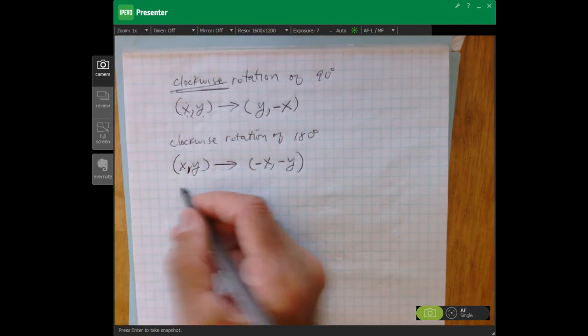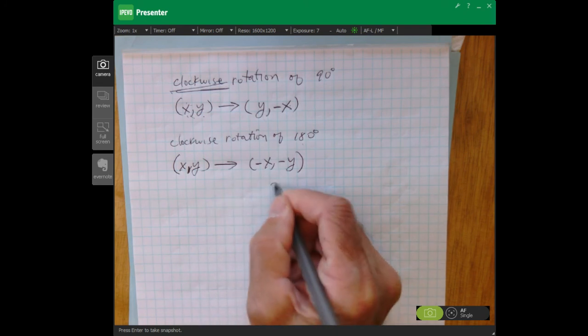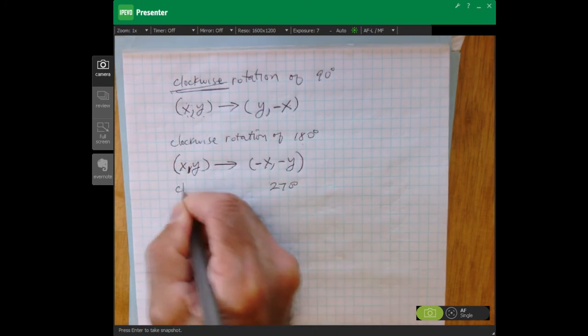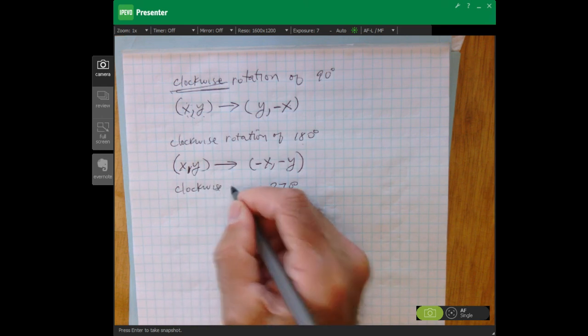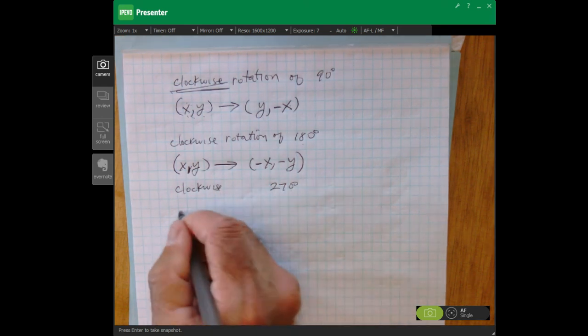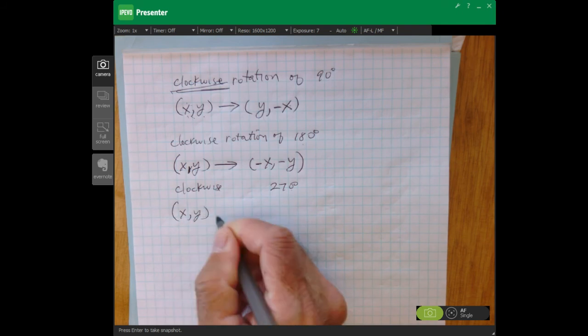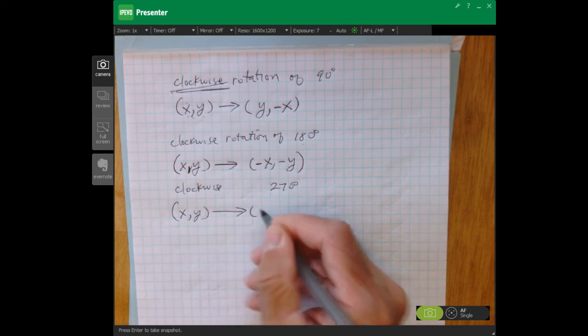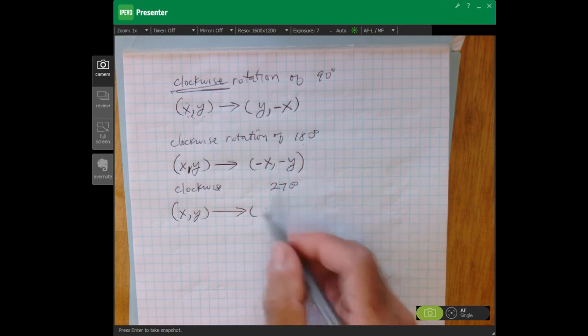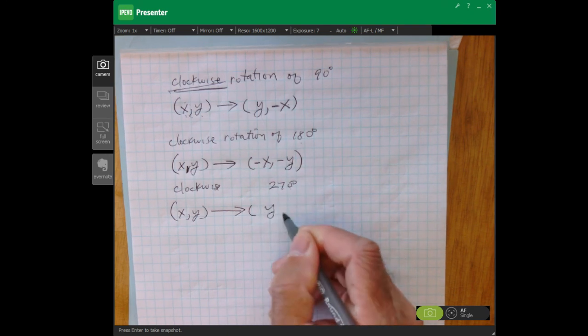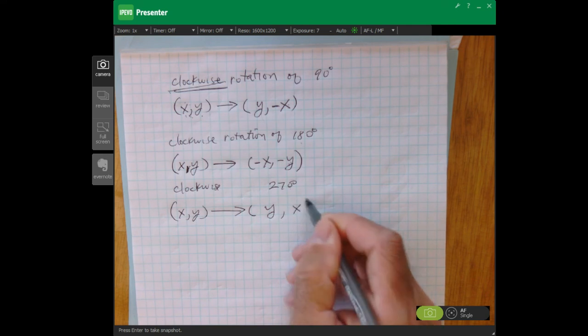Okay? And now the next one, rotation of 270. I said I wouldn't write it again, but clockwise 270. Now whatever this is, it's going to switch to the opposite, right? So it'll be y and x.